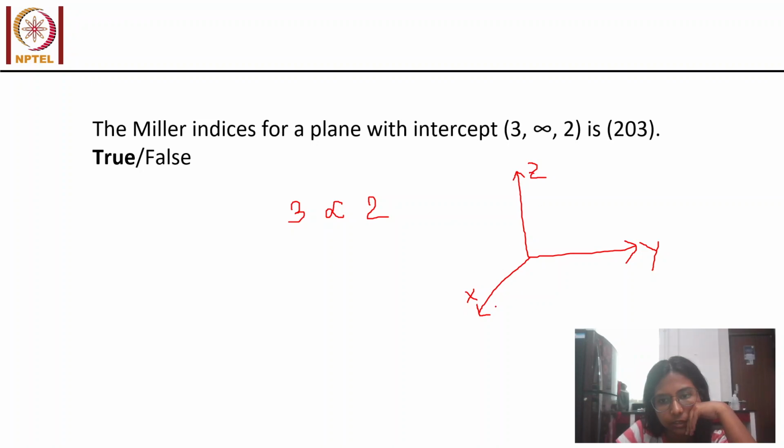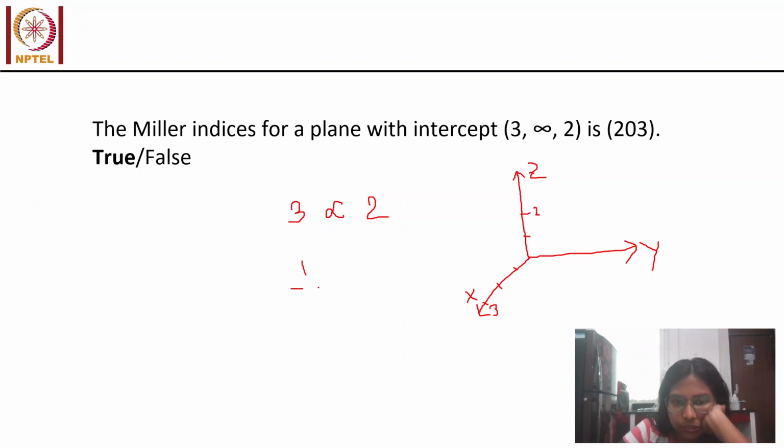So it is 1, 2, and this is suppose my 3, and then on the y-axis it is infinite, so we can't really draw it on the two-dimensional screen, and on the z-axis it is 2.